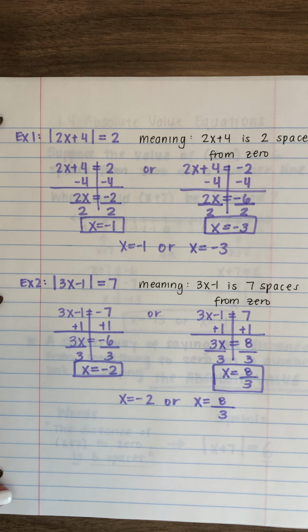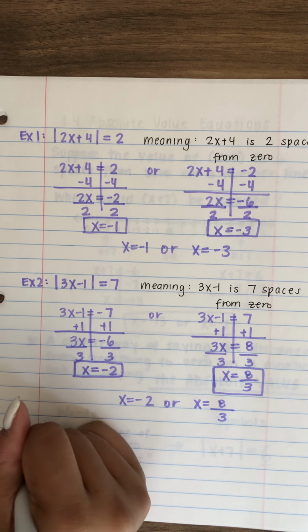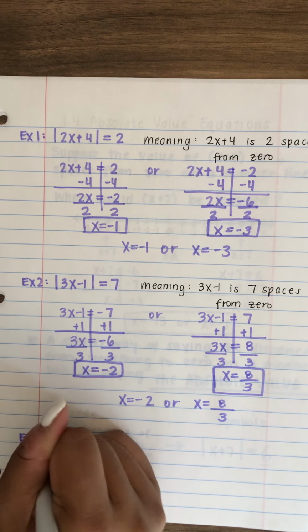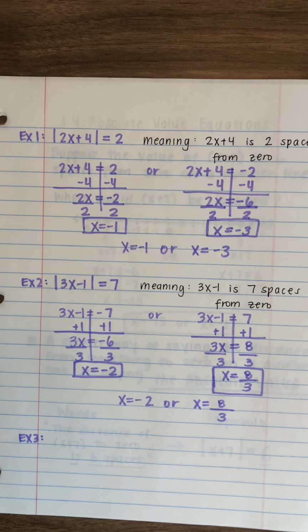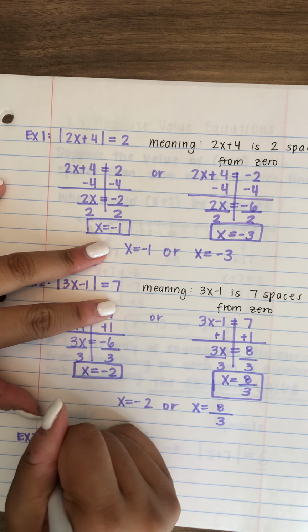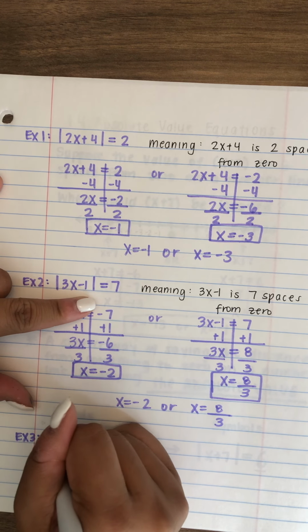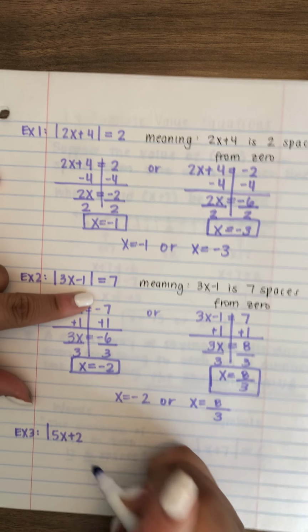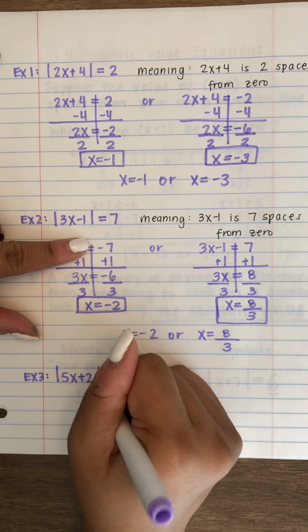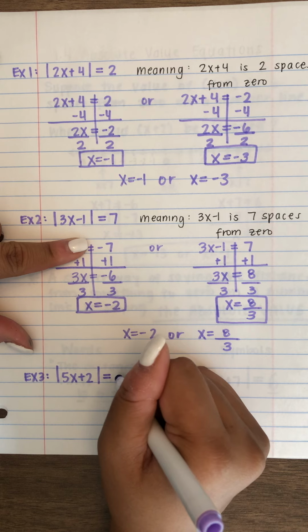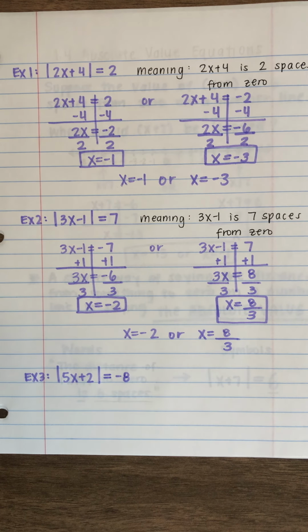We have one more example, which is going to be our shortest example. And after this example, you guys are going to try some on your own. So for our third example, we have the absolute value of 5x plus 2 equals -8.